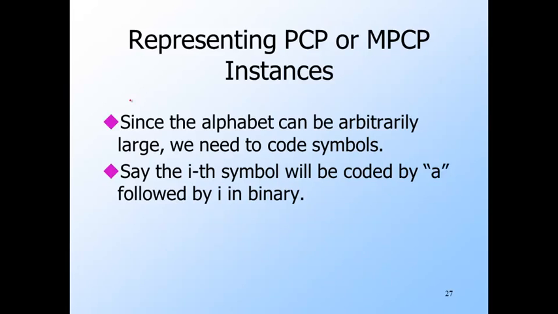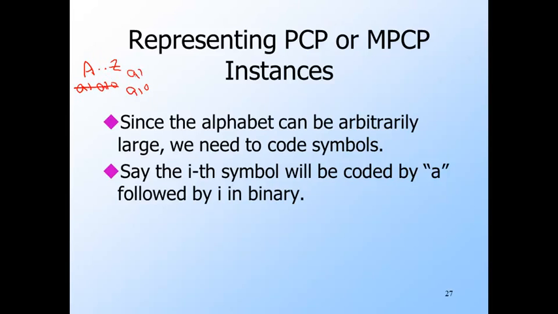For example, if we have an instance over alphabet A through Z, we could represent A by A1, B by A10, and so on. But we could also represent Z by A1 and Y by A10 and so on.